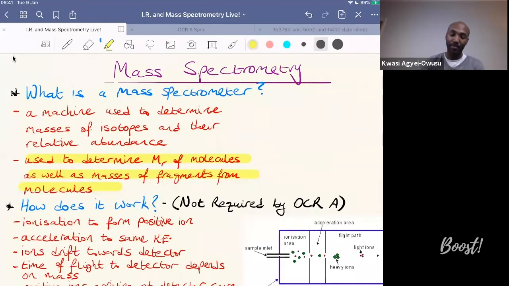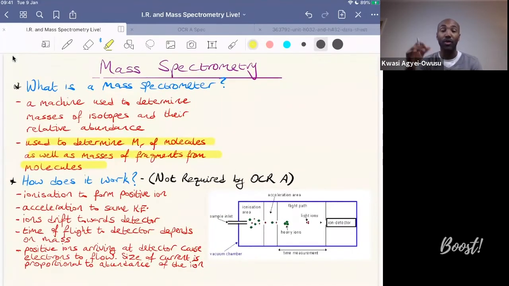Okay, so now on the OCR A syllabus, you're not required to know how the mass spectrometer works. Simply, you are required to use it to determine the Mr, and also to work out fragments from organic molecules. And of course, you are required to know how to use it to determine the relative atomic masses based on the isotopic masses and abundances given to you by the mass spectrometer.